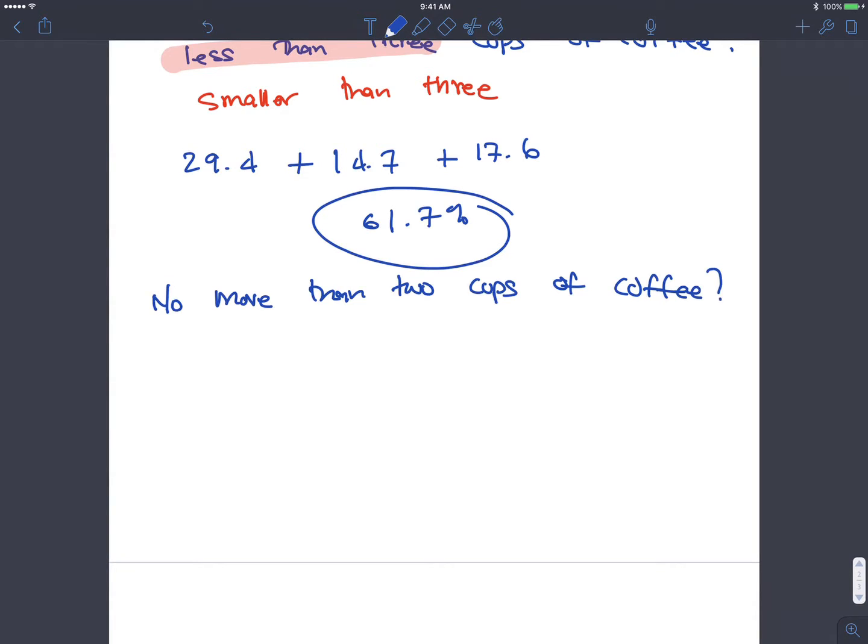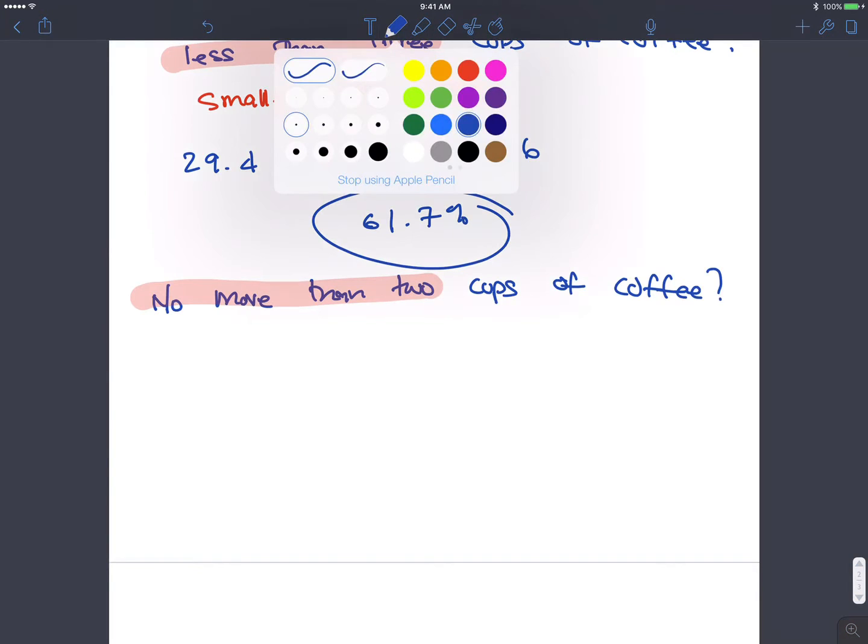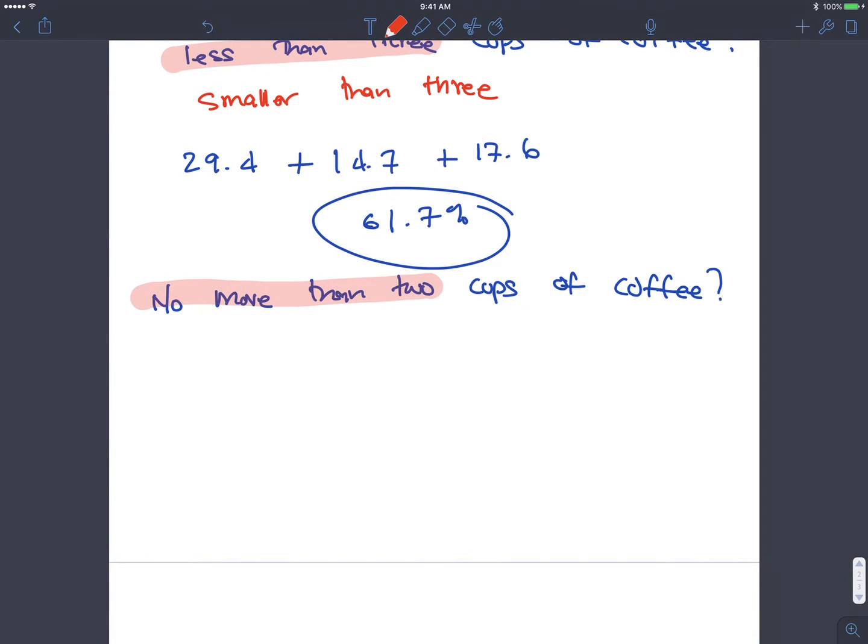Ironically, again, the key will be understanding the meaning of that phrase. No more than 2 is not more than 2.